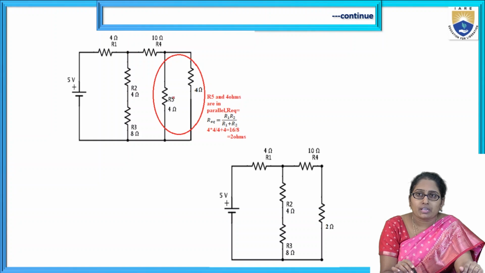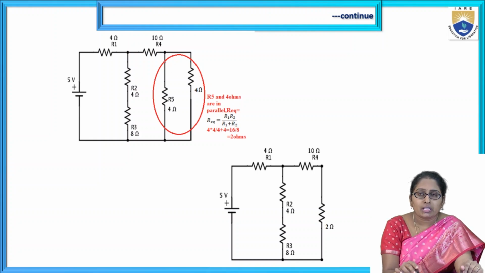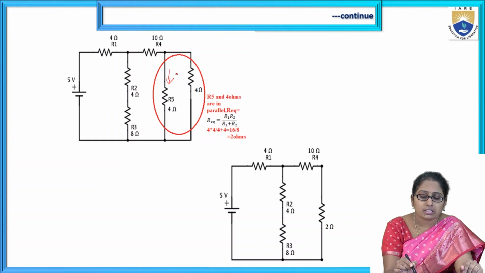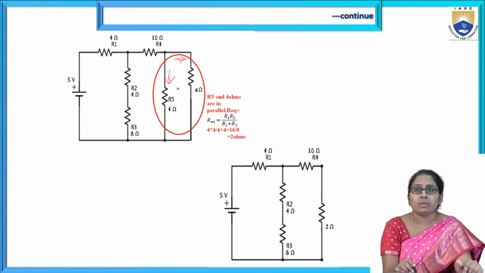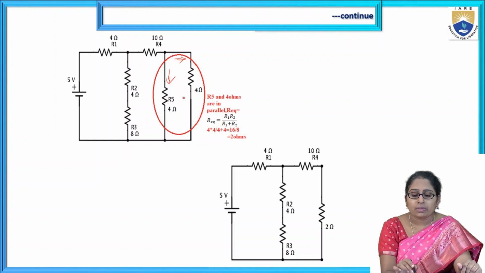Then the next element we have is R5. So the equivalent of this R5 and 4: you have to know whether they are in series or parallel. If you see, they are in different paths, different lines, meaning current is dividing, so they are in parallel. So the next step, R5 and this 4 are in parallel.